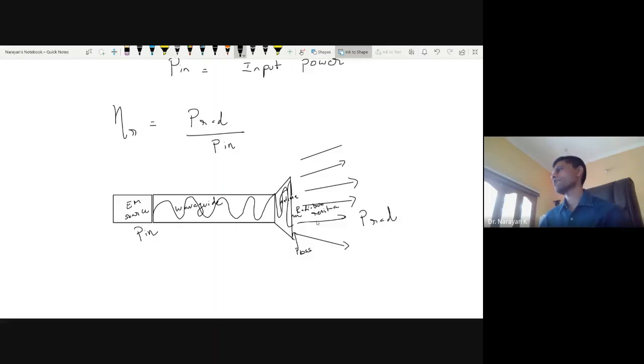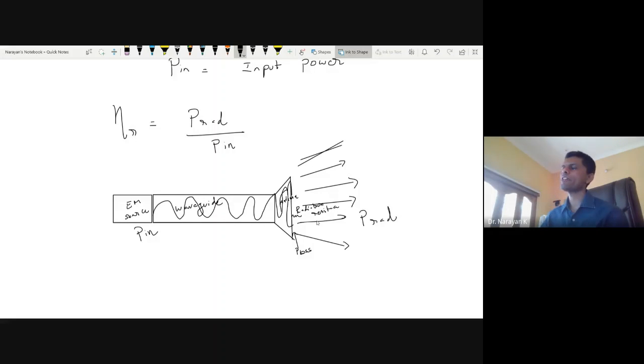It is equal to the fictitious resistance which, when connected in series with the antenna, will consume the same power as actually radiated by the antenna. So when you are connecting this radiation resistance in series with the antenna, power is lost due to that. So your power radiated will not be equal to your input power.